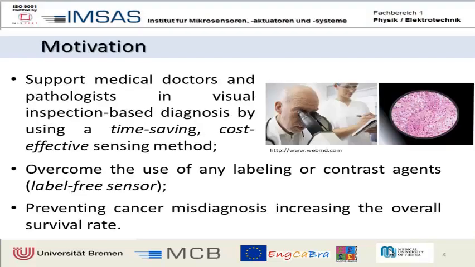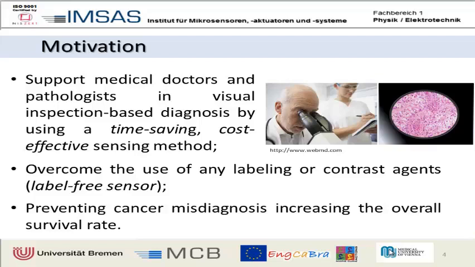So, why do we want to do it? The reason is that currently the most used and standard investigation method for cancer detection is based on visual inspection. It means that the pathologist, after removing the suspicious tissues from the patient and staining them, looks at them under the microscope, or by using infrared imaging or confocal microscopes.